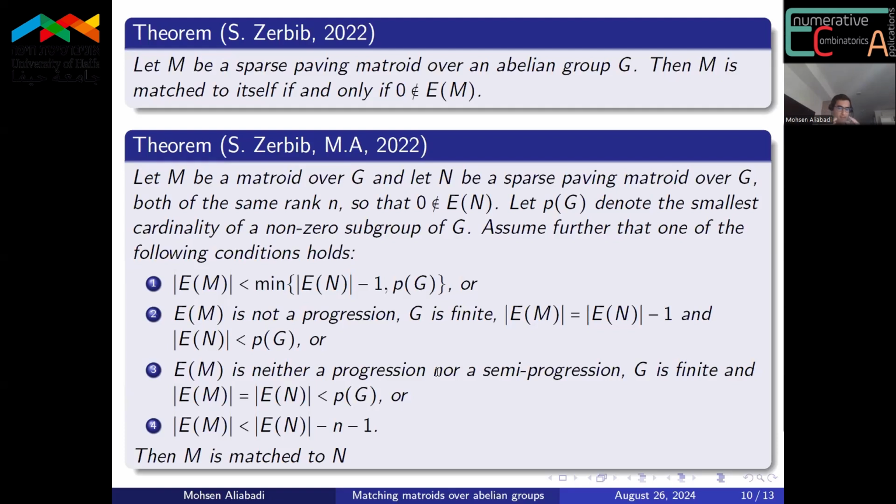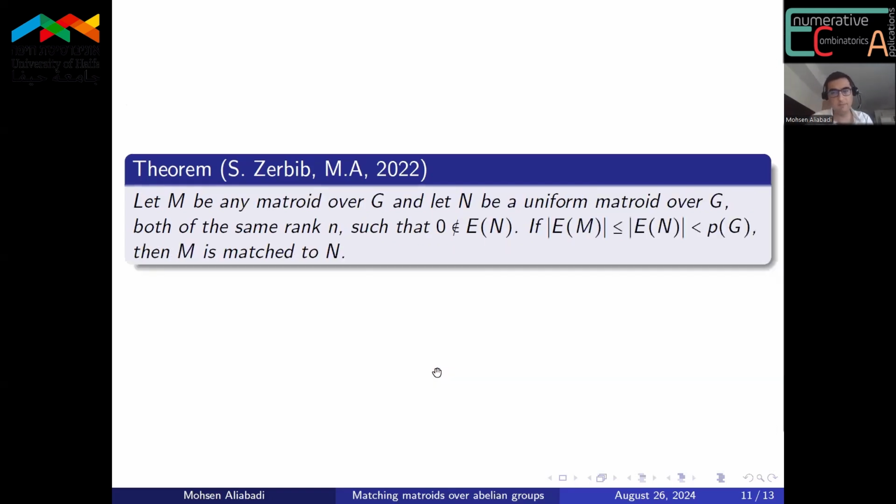So, for example, when the ground set of our first matroid is a progression, again, it is difficult to secure matching from our first matroid to the second matroid. This is matchability in the setting of a sparse paving matroid.